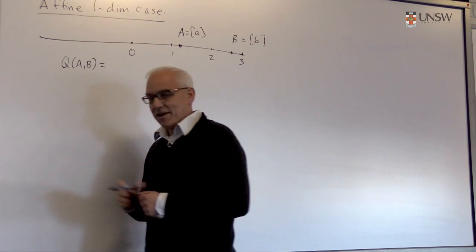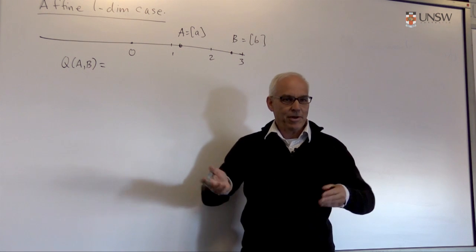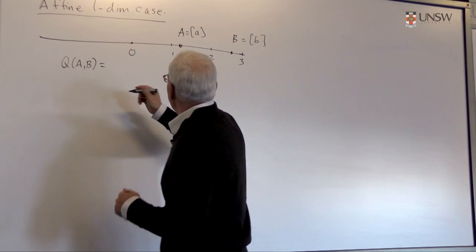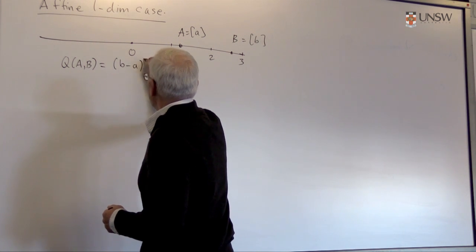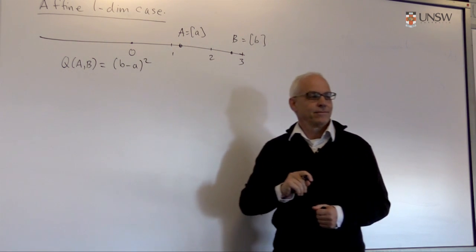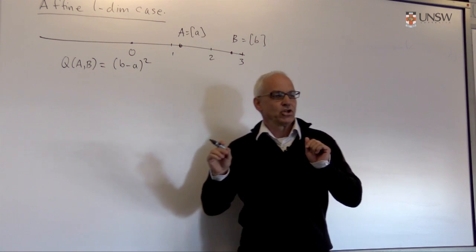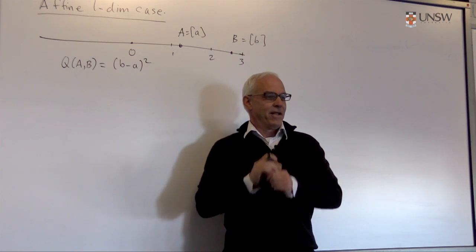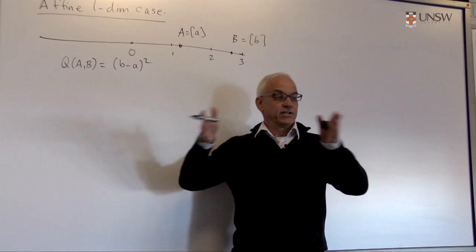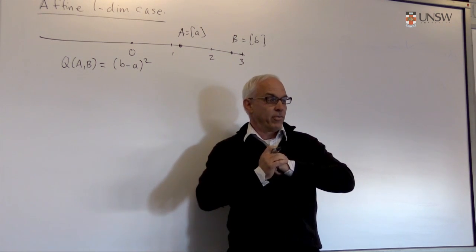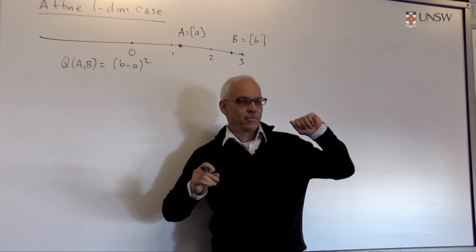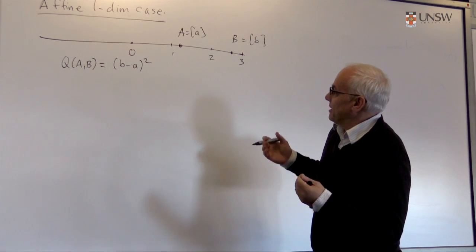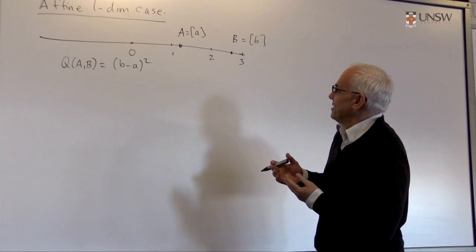We have to choose a symmetric bilinear form, and up to scale, there's only one. So we might as well just define the quadrance to be the difference (b minus a) squared. The square ensures that things are symmetric. We're not taking any absolute values because we want to stay completely in the algebraic setup. We don't want to do any square roots or any infinite processes. Okay, so this is the basic definition.